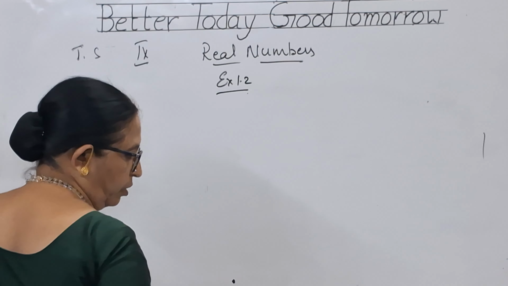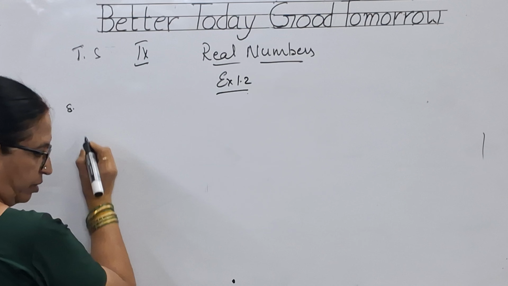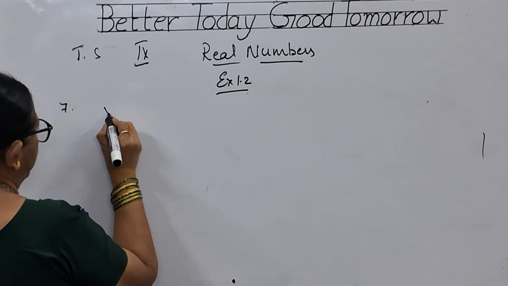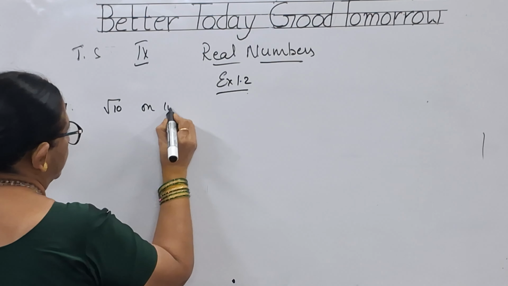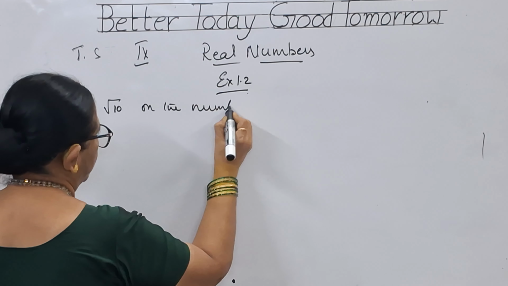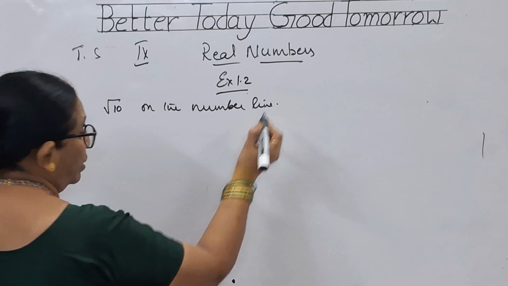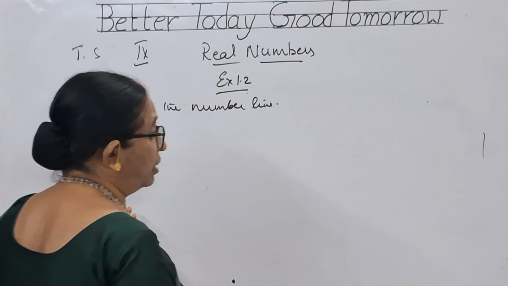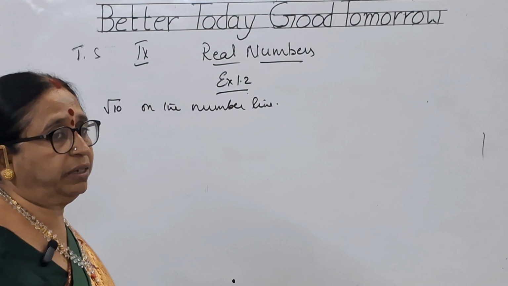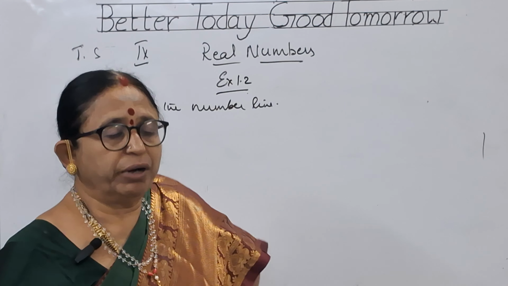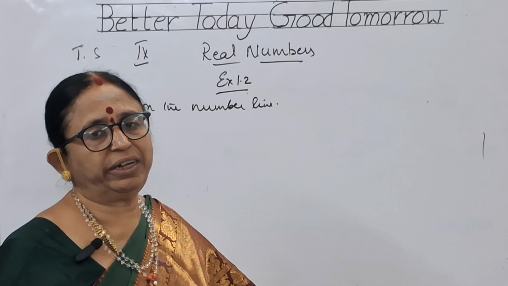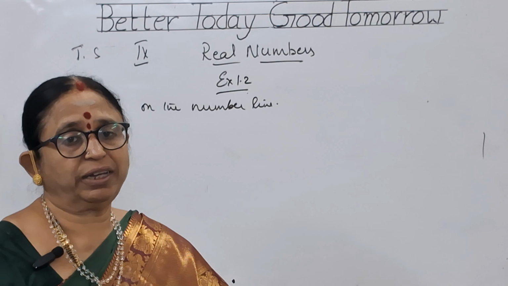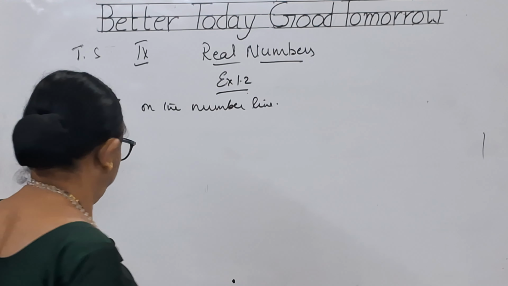You have to locate the 7th one. How will you locate root 10 on the number line, children? I have already explained how to locate these root values by drawing successive right angled triangles. But since it is a big number, instead of doing it like that, let us try to do it in a simplified manner.